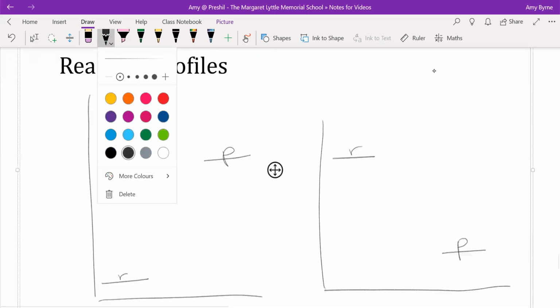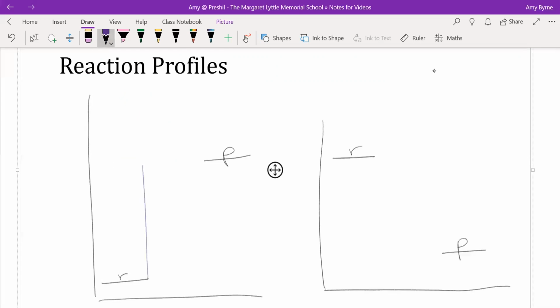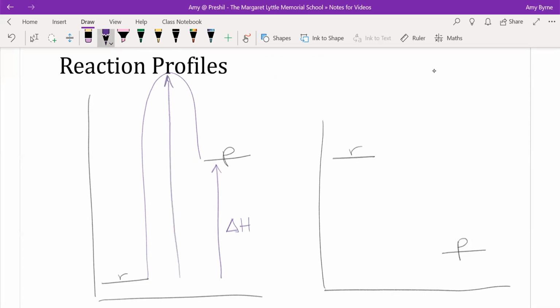Okay, so I'm going to draw my uncatalyzed reaction in purple. I know I've exaggerated that. So this here is going to be my delta H, and this guy here is my activation energy.